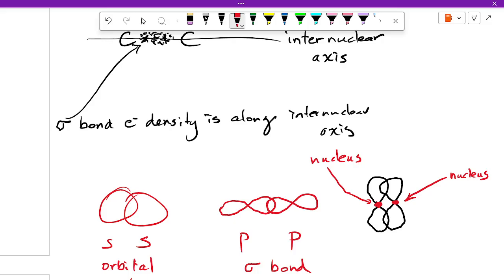I wanted to say this is a single bond, but it's not a single bond. It's the second bond of a double bond, but it's only one bond, but the electron density is above and below.